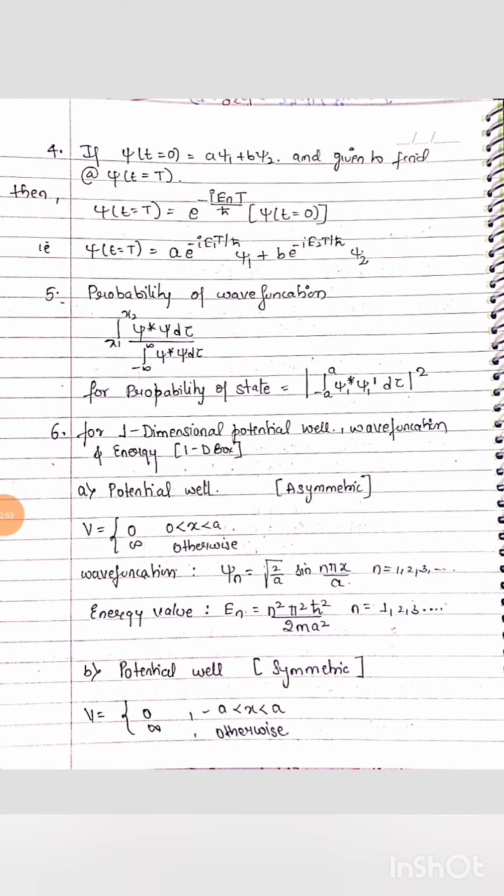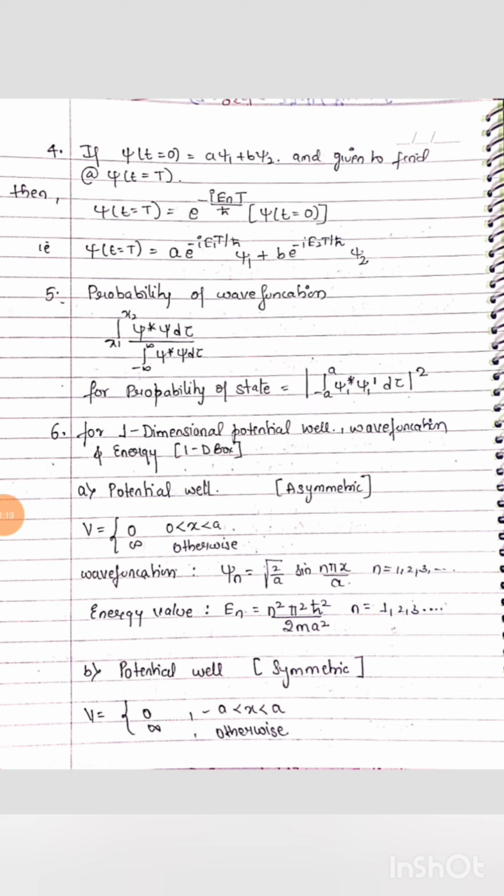The wave function is represented by psi n is equal to root of 2 by a sin n pi x divided by a, where a is the length as we all know. Then the energy value is En is equal to n square pi square h cut square divided by 2 m a square, where n can take the values 1, 2, 3 and so on. This is the condition for asymmetric wave function.